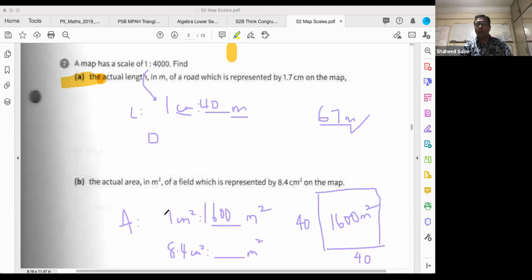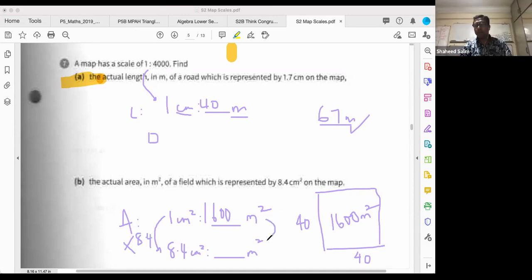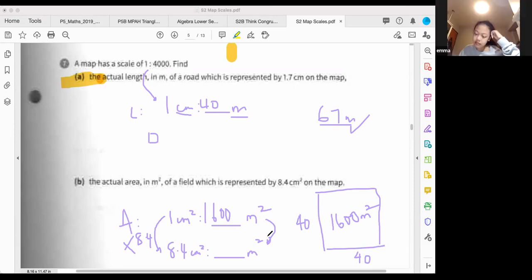So now from 1 to go to 8.4, you times by 8.4. So you do the same here. $13,440.